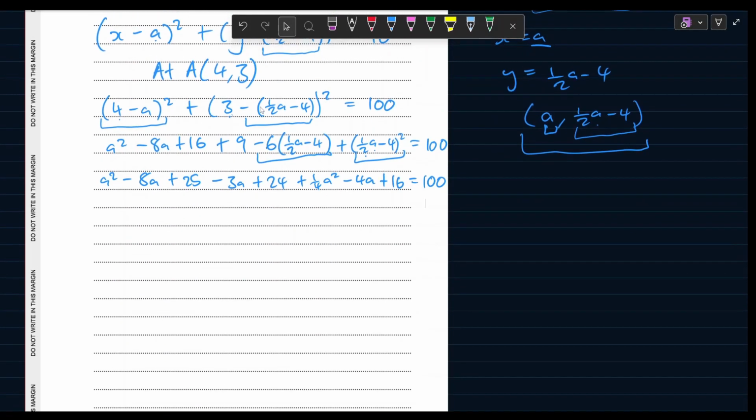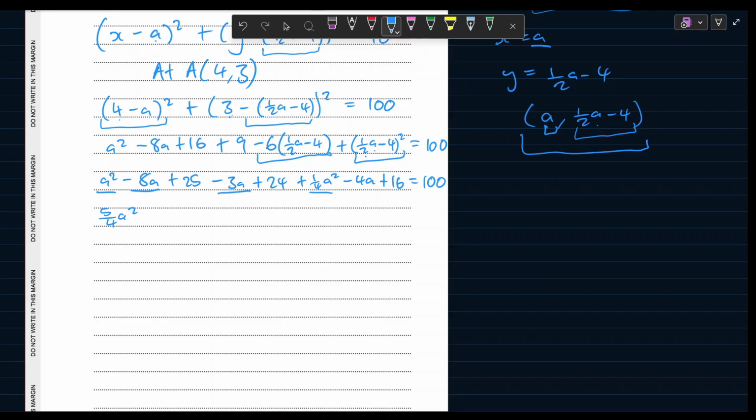Now let's simplify like terms. So we've got a squared plus a quarter a squared, that gives us 5 over 4 a squared. Then we've got negative 8a, negative 3a, that's negative 11a, and negative 4a, that gives us negative 15a.